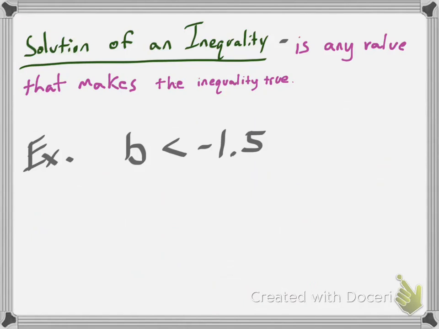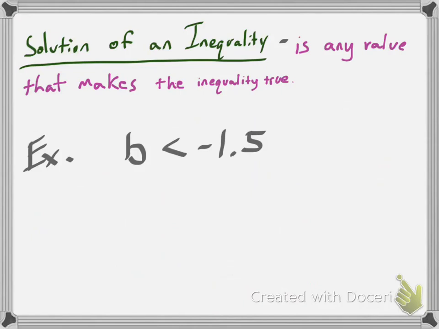So how many numbers do you know that are less than negative 1.5? Well, negative 1.6, negative 1.27, negative 1.8, negative 1.9, negative 2, negative 3, negative 4, negative 5, negative 6, it goes on forever. So there's an infinite amount of solutions for this one problem.